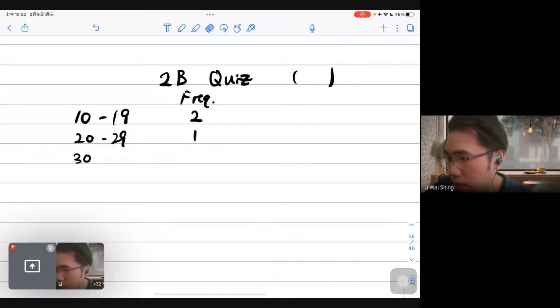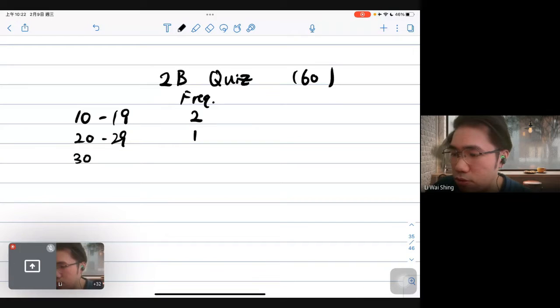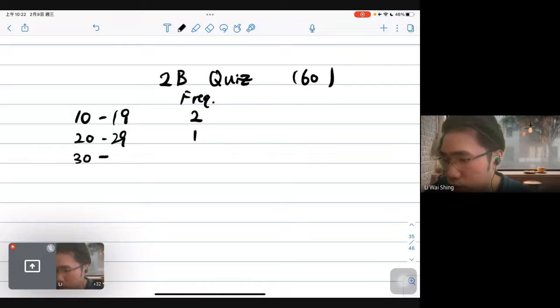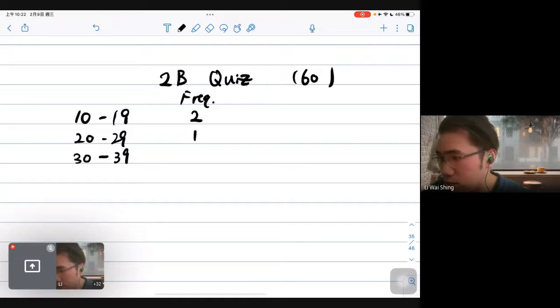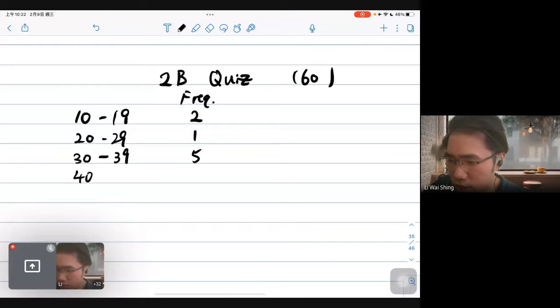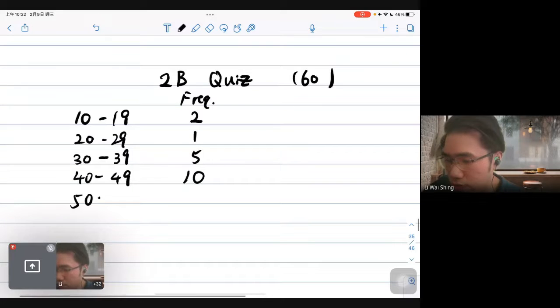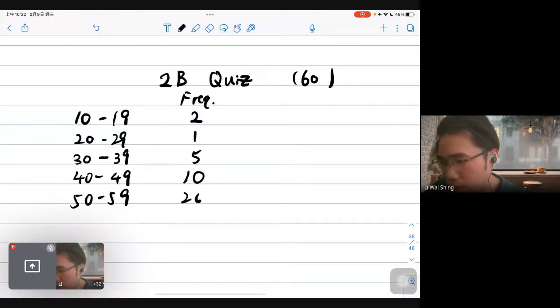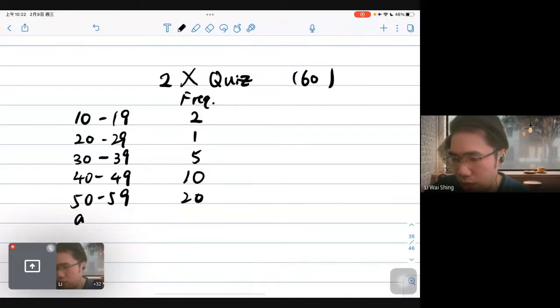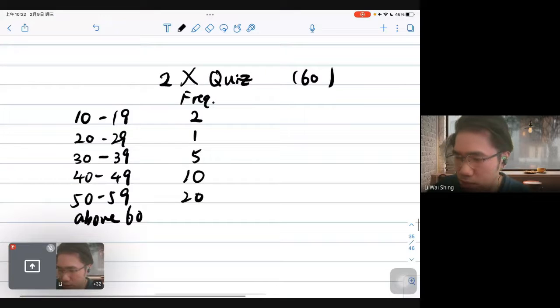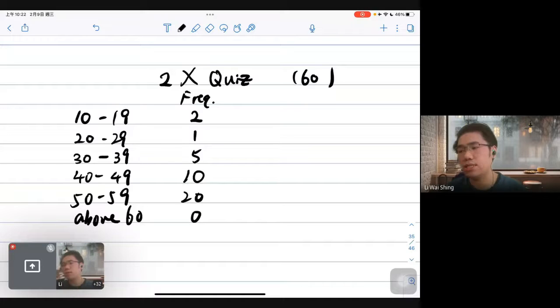Maybe I reduce it to 60 marks into full marks. 30 to 39, I got 5 of you. 40 to 49, I got 10 of you. 50 to 59, I got 20. Okay, just say 2x quiz. Okay, above 60, I got 0. Let's say in this way.